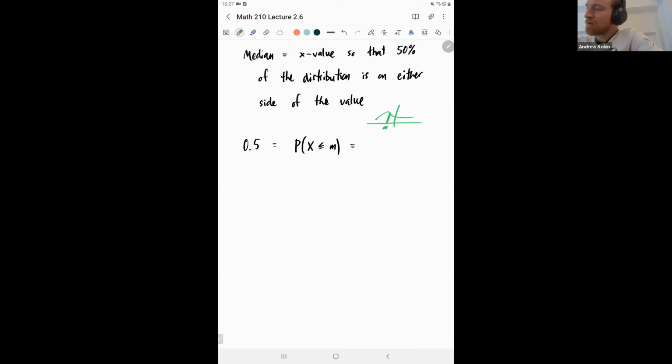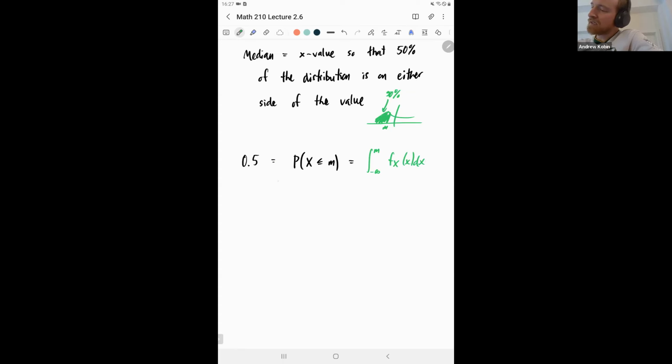If this is M, we want 50% of the data, or of the outcomes, to occur to the left of M. If we set this up, we can write P of this event occurring as an integral. It's going to be the integral from negative infinity up to M of f(x) dx.